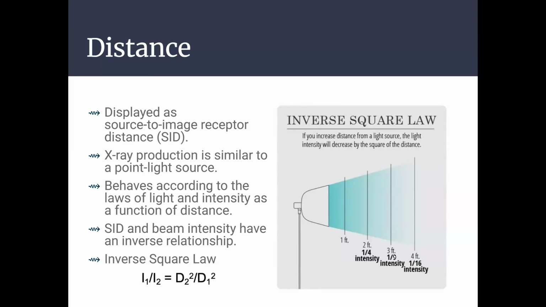And then if you get 3 feet, 3 squared equals 9, so it's only 1/9 of the intensity. So the beam gets less bright the further you get away. That's why it's called the inverse square law. You're taking the distance squared inverted. That's how it gets its name.